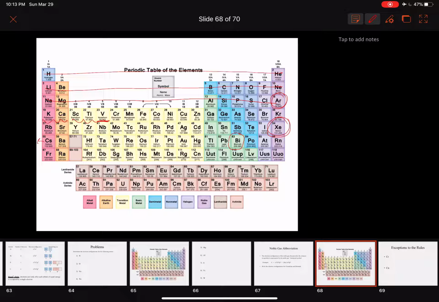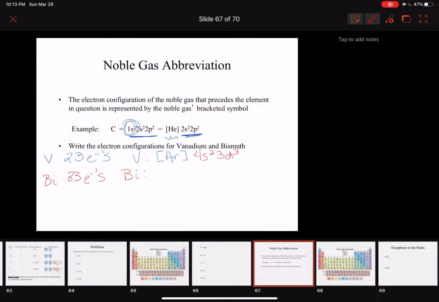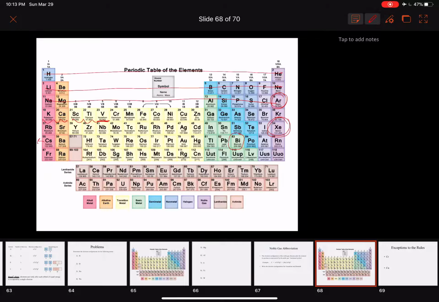So yes, the previous noble gas is xenon. So we'd write xenon in brackets to say, okay, the electron configuration for xenon, and we've taken care of all of these electrons right here. And we can see that xenon ends at a p6.